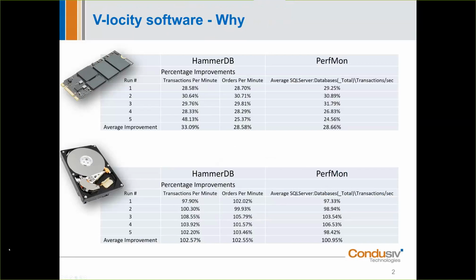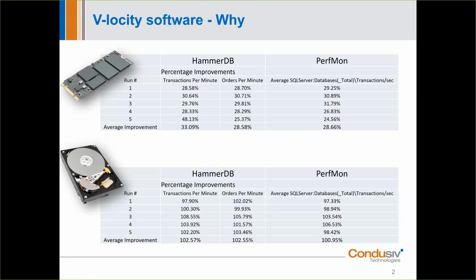To illustrate why you might want to consider downloading and installing the V-locity software onto your SQL servers, I ran some lab tests using HammerDB to generate an online transaction processing type workload with and without V-locity installed. Firstly, using SSD storage, and then using spinning disk storage.